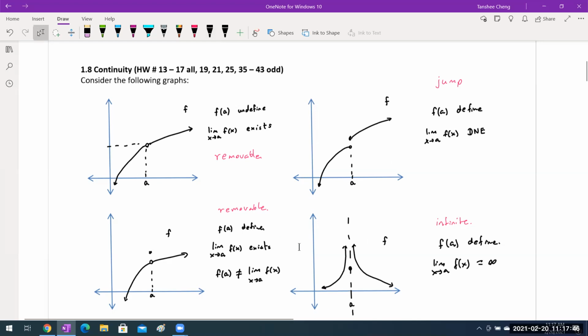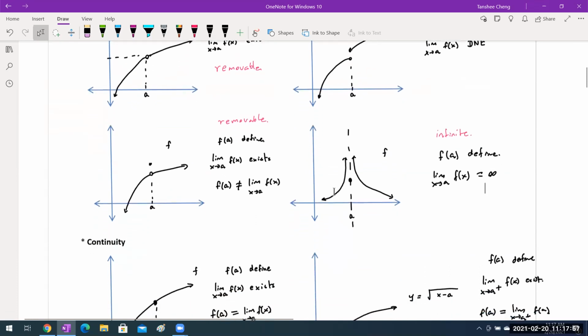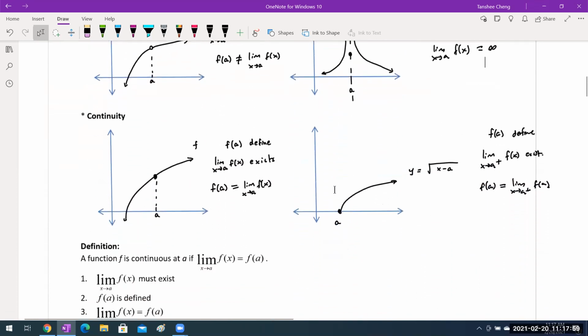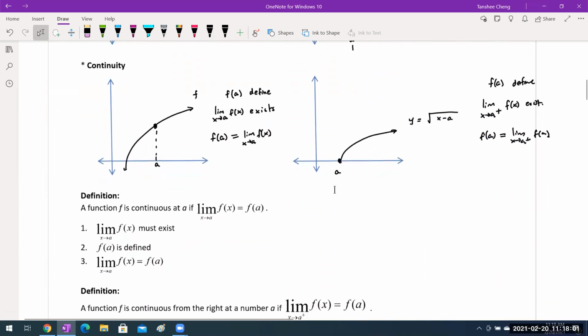So now that we know the names of it, on the test I can give you a scenario, and you may be asked to classify the type of discontinuity. So let's formally look at the definition of continuity.